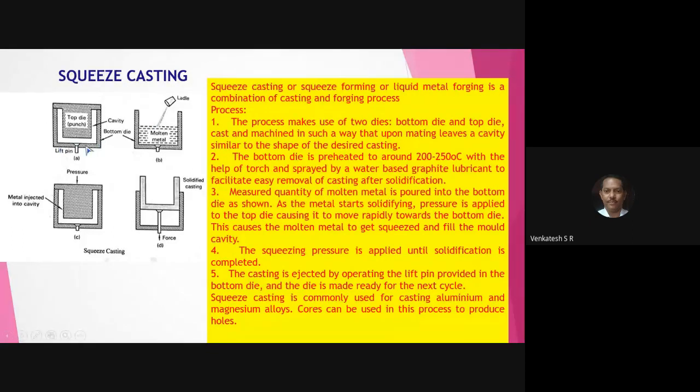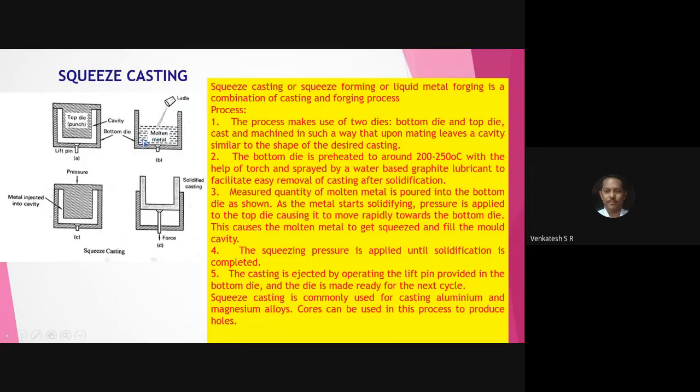All of you observe here. This is the box and this is the lift pin, and you have the mold cavity, the casting required. This is the die, the top die, also called the punch. The next step is to fill the box with molten metal, bringing the liquid metal from the ladle and filling the bottom portion of the container.